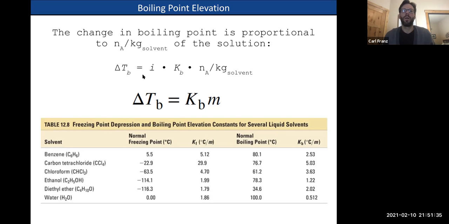And so the van't Hoff factor is only important if you are dealing with a solute that dissociates and goes from, for instance, 1 mole to 2 moles or to 3 moles. Okay, that changes the molar concentration of your calculation. So you need to take that into consideration.